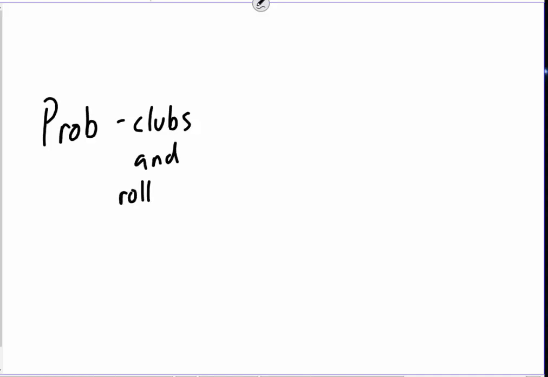So, let's say I wanted to know what is the probability of pulling clubs from a deck of cards and rolling a 3 on a die. Okay. Well, first of all, we got to remember, and means that we're going to be multiplying.